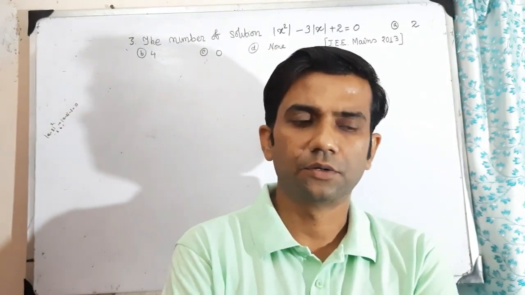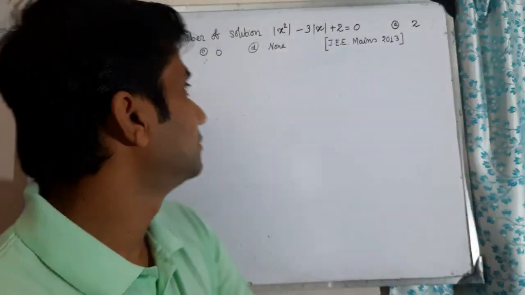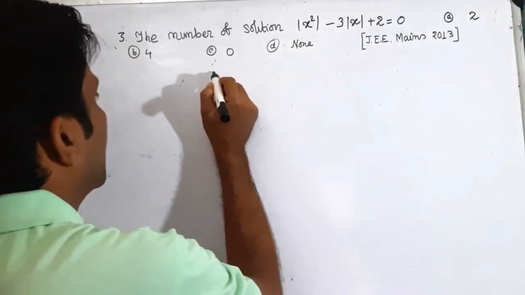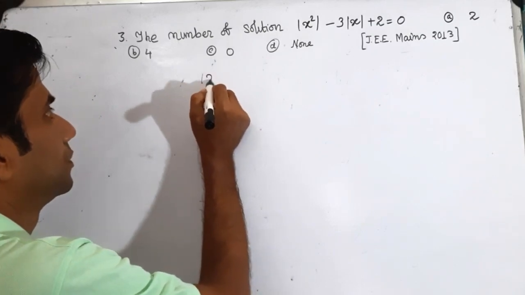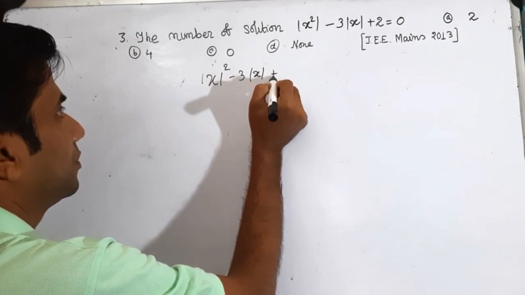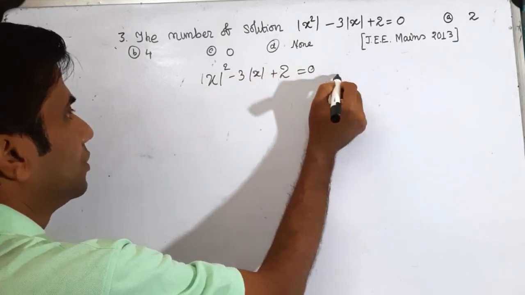When x greater than 0, we get mod of x square minus 3 mod x plus 2 is equal to 0.